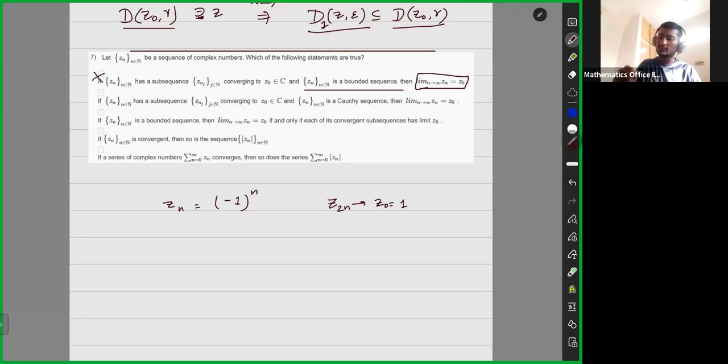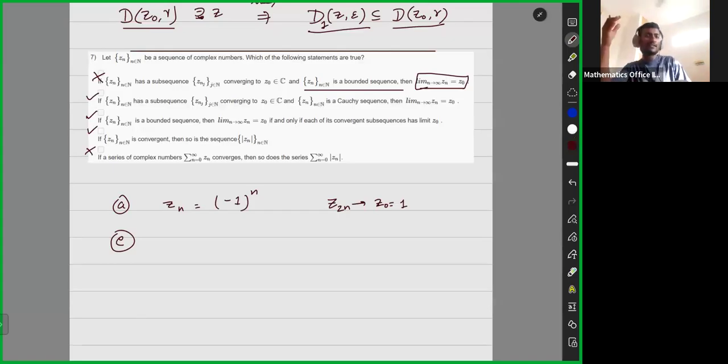Someone answered B, C, D. Let me write: these three are true and saying this is false. How is it false? This is for A. This is for E. Why is the last one false?